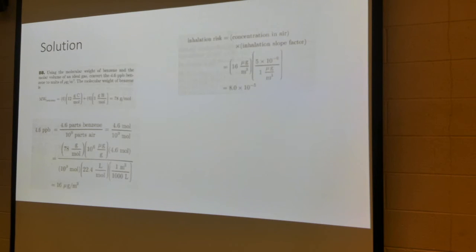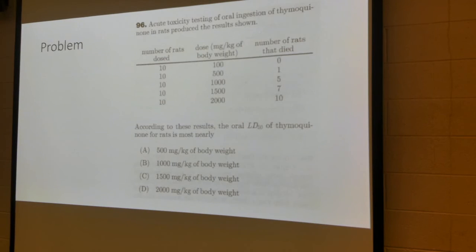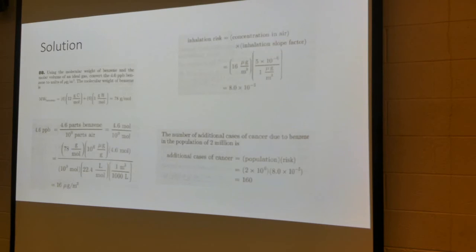Let me just write that down over here. So this probability, this final dimensionless number that we got, means 8 times 1 divided by 10 to the 5.